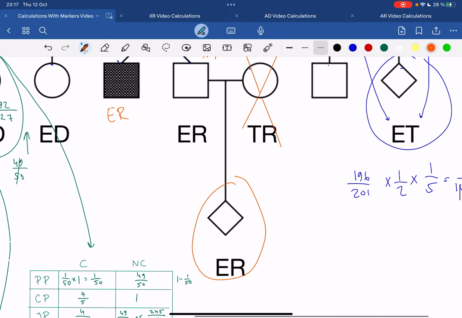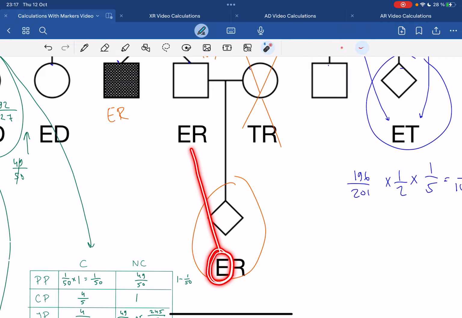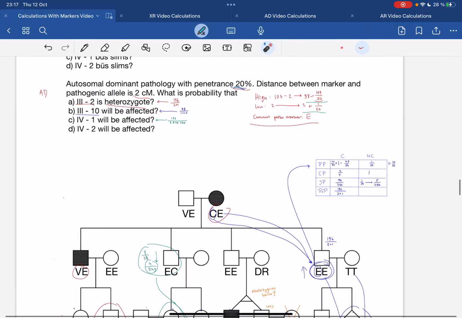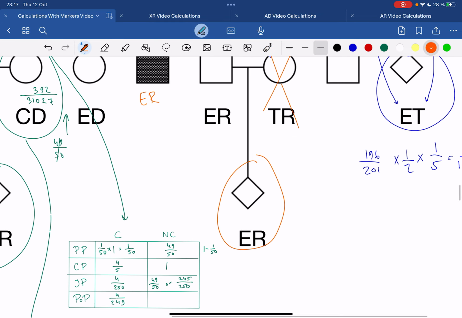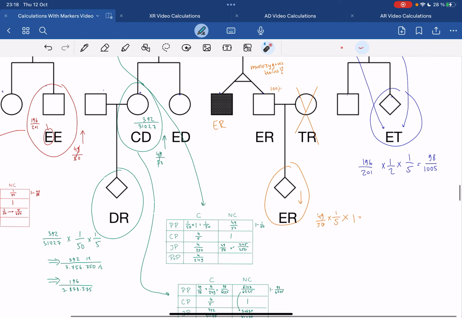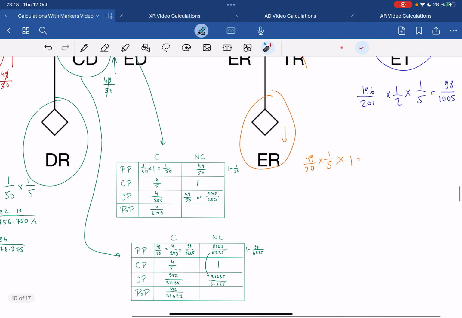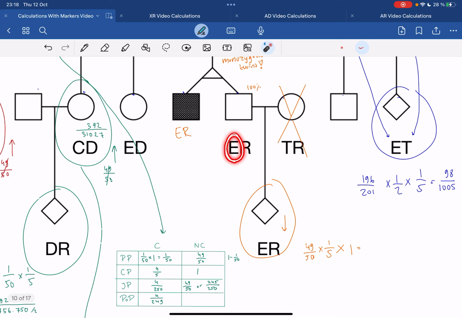We know that the only chance this child could have gotten the E is from the dad. We know that the E is the common pathogenic marker. So here, in this case, there's a high risk, of course, because the pathogenic allele, which is marked by E, has been given to the child.